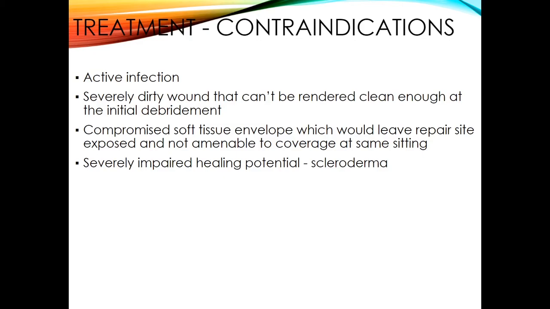If the soft tissues are compromised, you don't want to leave your repair site exposed, so you might need to consider some sort of coverage either at the same time of a repair or prior to. And then certain patients will have systemic conditions, scleroderma being one, where they just don't have the capability to really heal. So those would be relative contraindications to doing flexor tendon repairs.